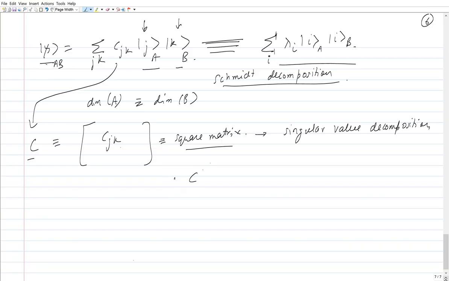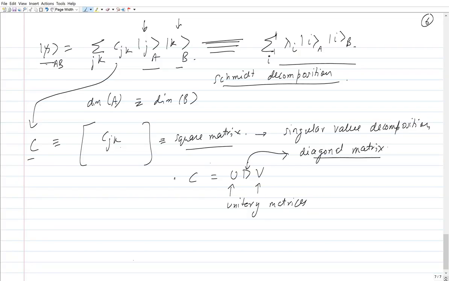It means that I'm going to decompose this matrix C as a product of three matrices, where U and V are unitary matrices and D is a diagonal matrix. We can show that any square matrix can be given a singular value decomposition, which means a product of a unitary matrix, a diagonal matrix, and another unitary matrix. This is called the singular value decomposition.